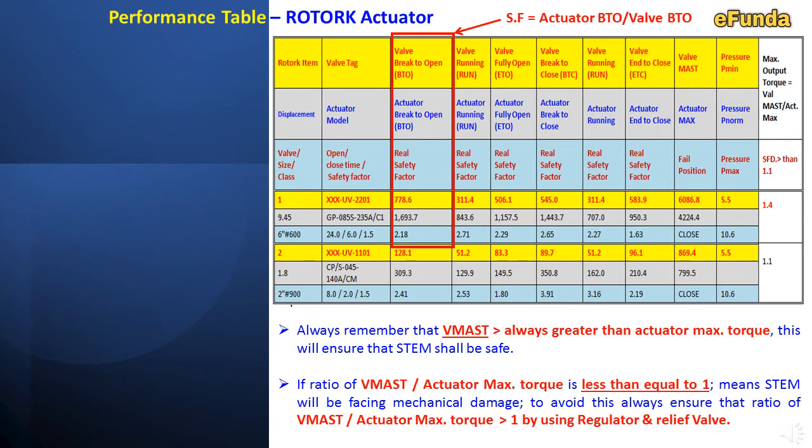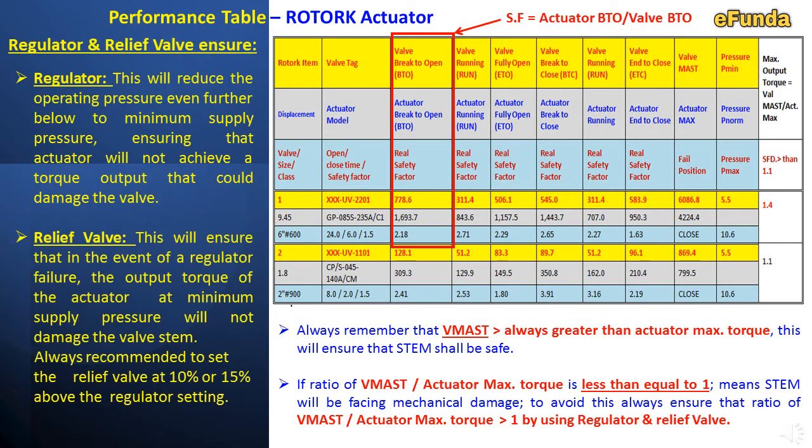To avoid this, always ensure that the ratio of valve MAST to actuator max torque is greater than 1 by using an additional regulator and relief valve.